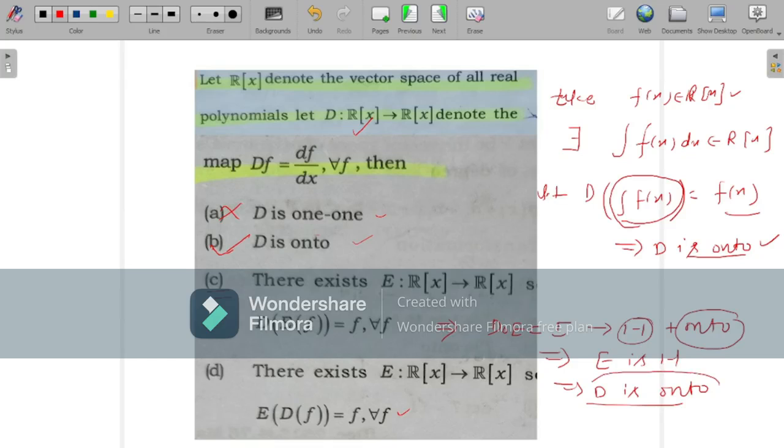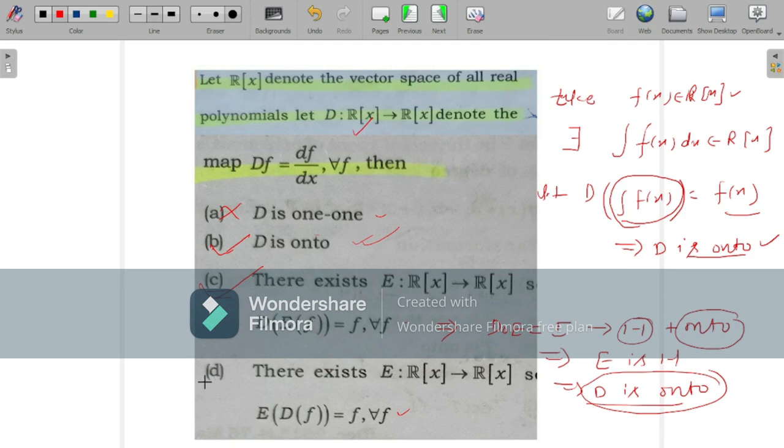See, D is onto, we have proved already. So this implies that yes, there exists a linear map E such that D composition E is the identity map. So the third option C is correct.